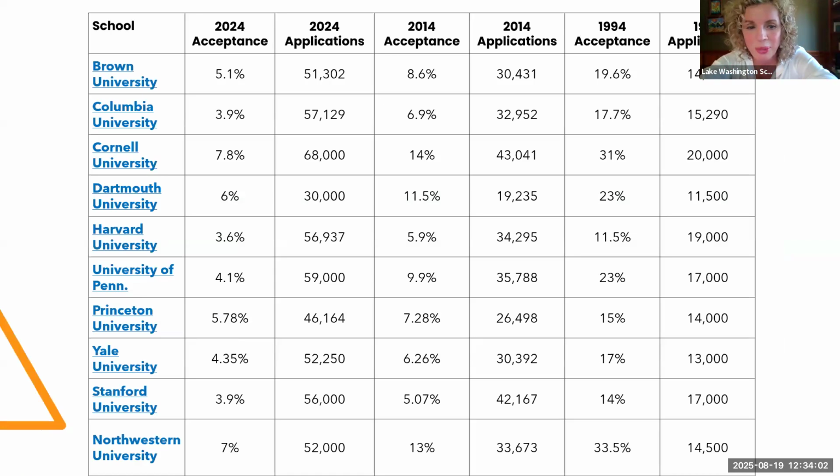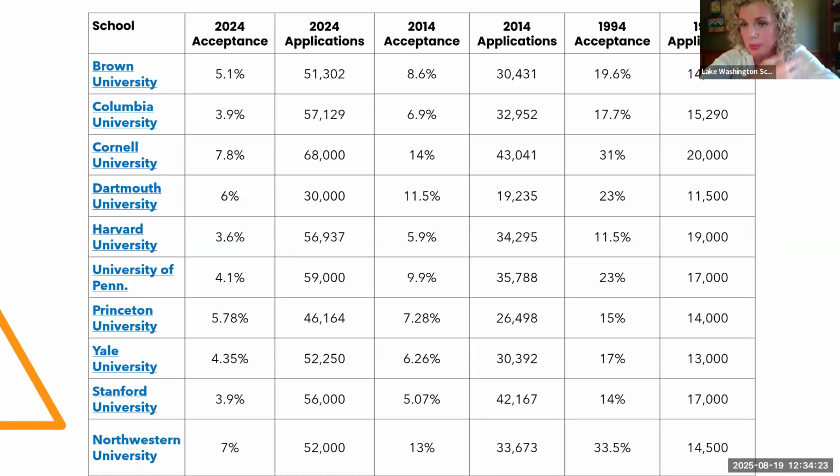These are a bunch of highly selective schools. You recognize the names. The first two columns are the acceptance rate and the number of applications, in 2014 and then in 1994. Because a lot of times I'll hear parents say, well, I was accepted, so I figure my kid's going to be accepted. Maybe.